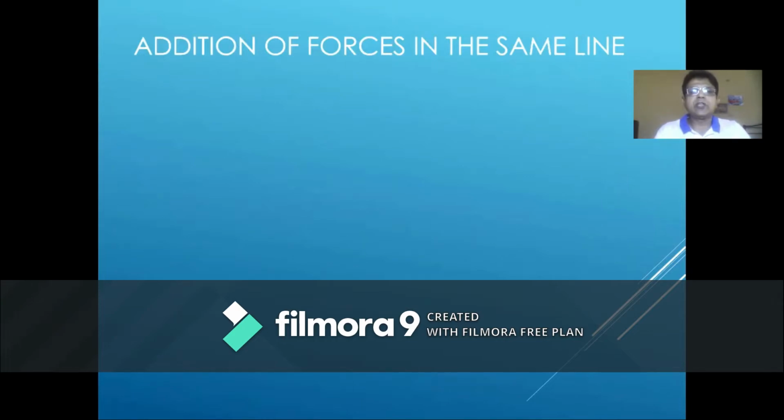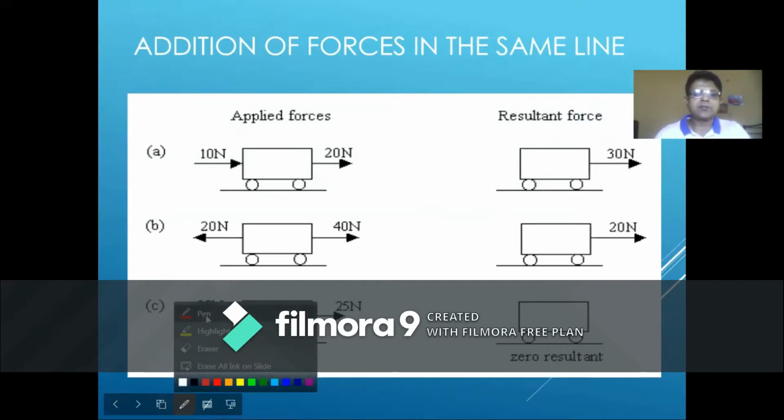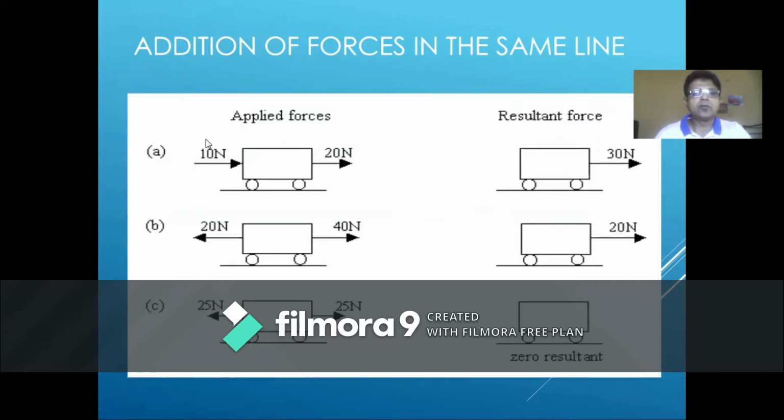First, we will discuss the addition of forces in the same line. If we look at this picture, we have different diagrams. In this first diagram, we have a 10 Newton force acting on the right side, and another force of 20 Newton which is also acting on the right side. So both forces are acting on the same side. To find the resultant, suppose this is F1 and the other force is F2.